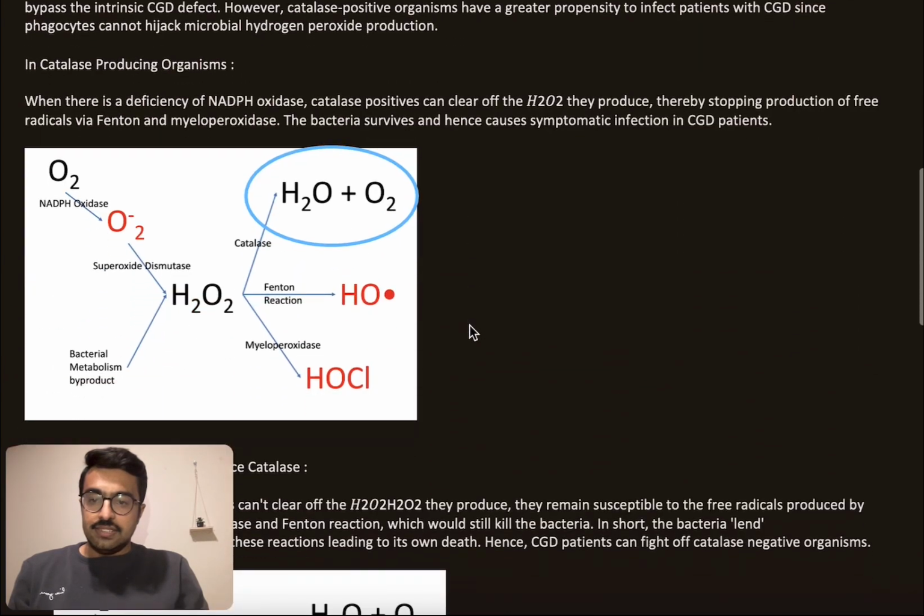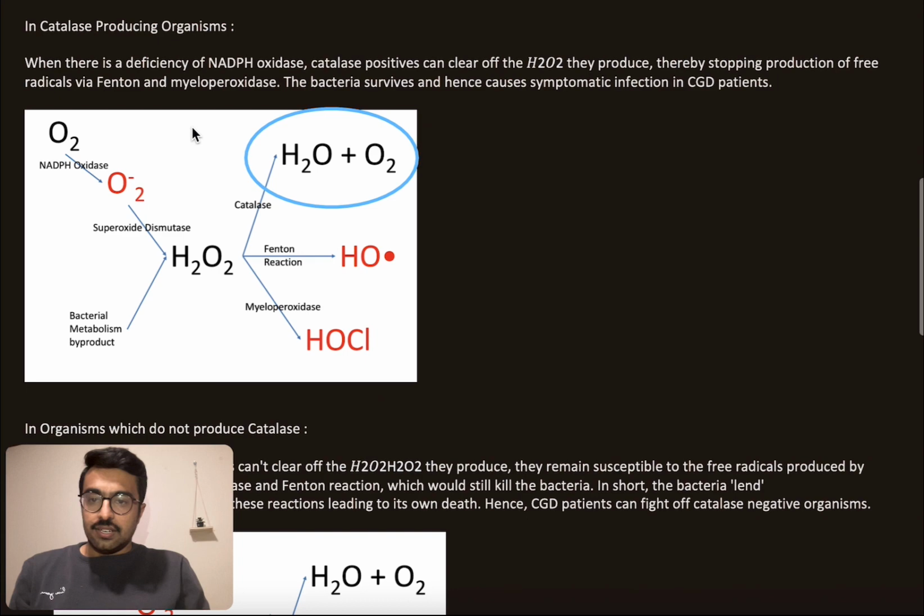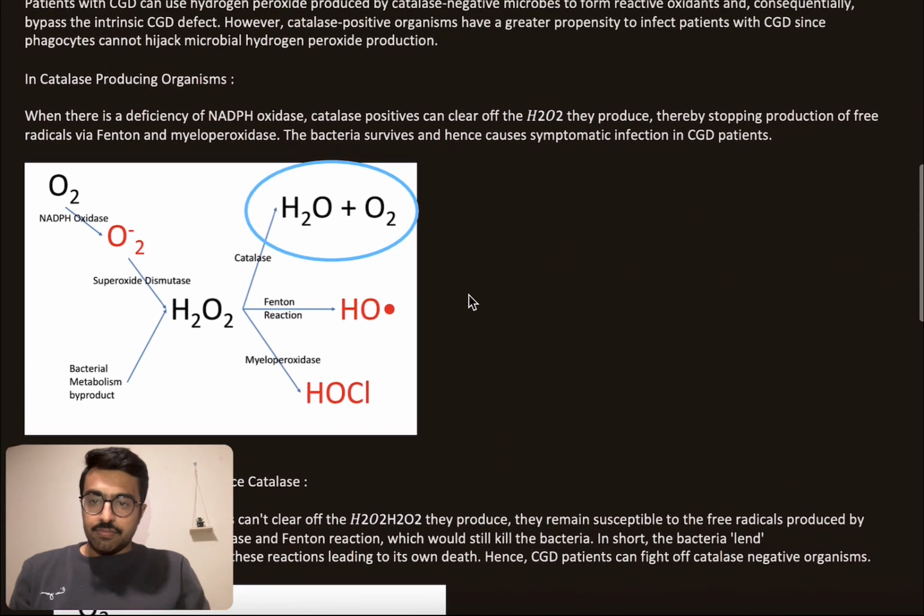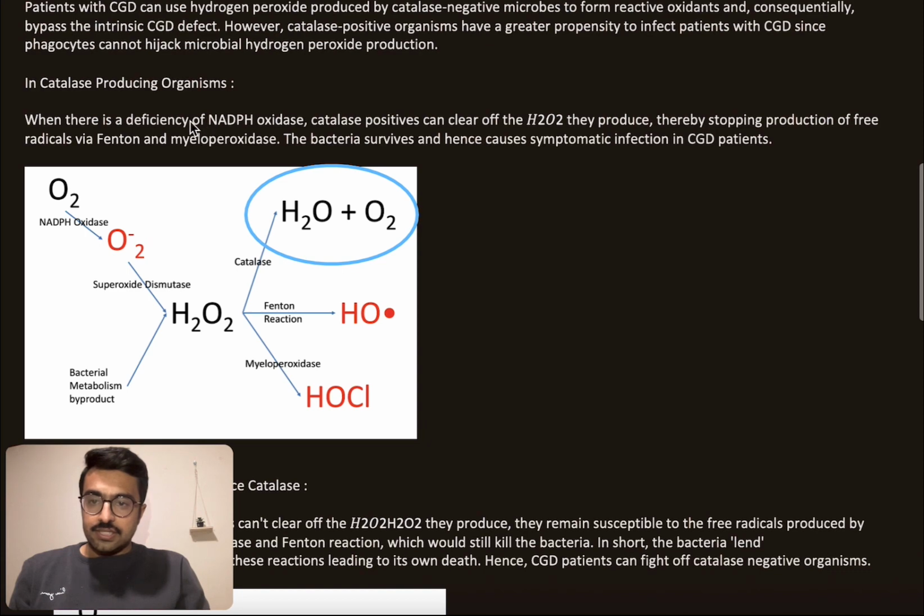We can see in this image, when there is a deficiency of NADPH oxidase, the catalase positive organism can clear off the H2O2 that is minimally produced as a byproduct of the bacterial metabolism. As NADPH oxidase is absent, this whole mechanism is not occurring inside the body.